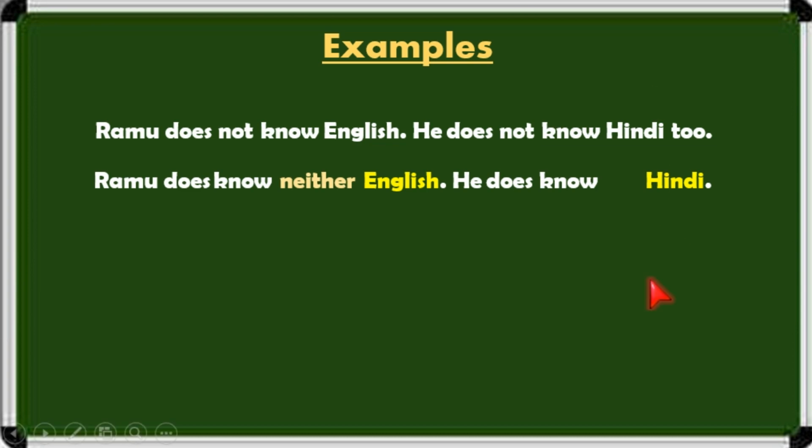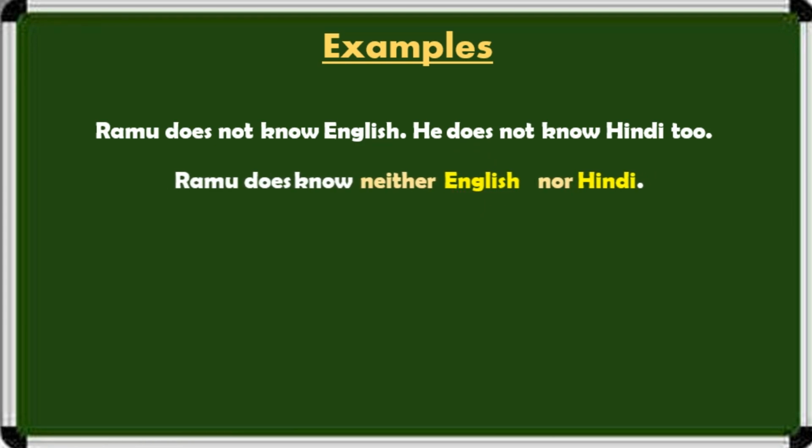Okay, the related words nor, that write just before the second identified word Hindi. Now remove one set of similar or same words. So Ramu does know, Ramu does know. So this is second part, we have to remove plus full stop. Okay, now Ramu does know neither English nor Hindi.